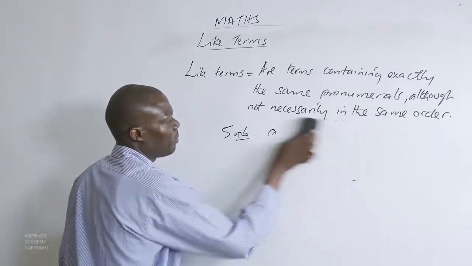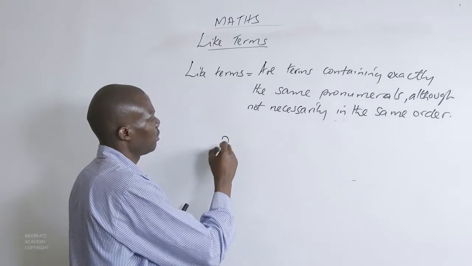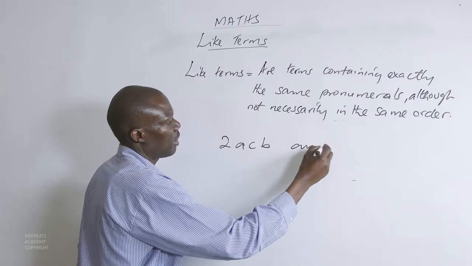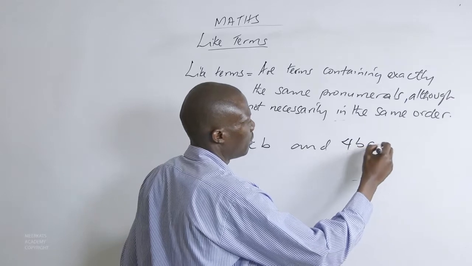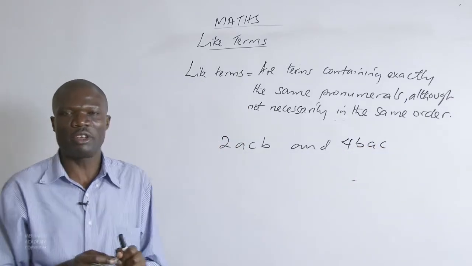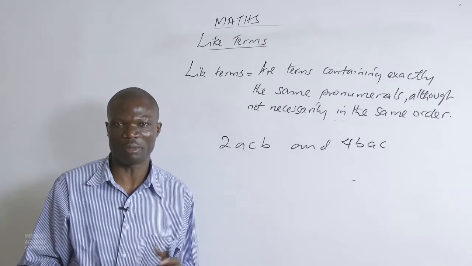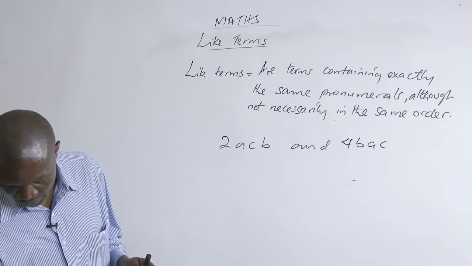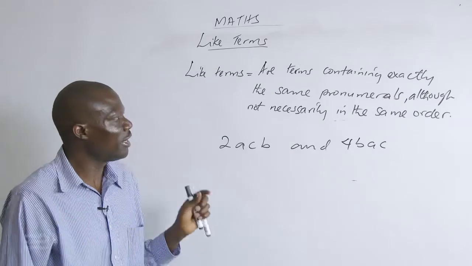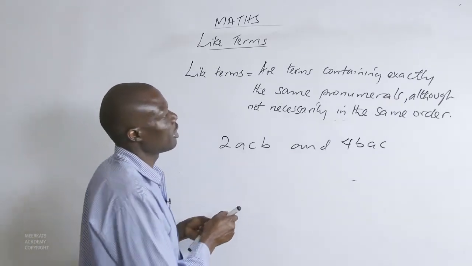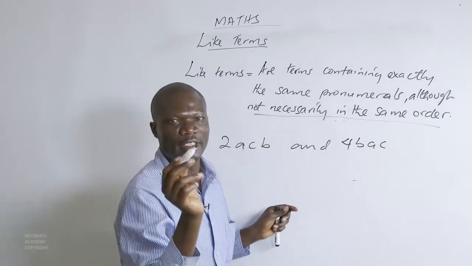For those with three pronumerals, for example, if we look at 2ACB and we compare this with 4BAC, what do you think about this? Are they alike or are they not like terms? Can you look at it? For this particular case, we shall say they are like terms because of the last statement: not necessarily in the same order.